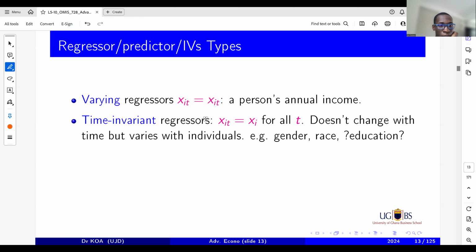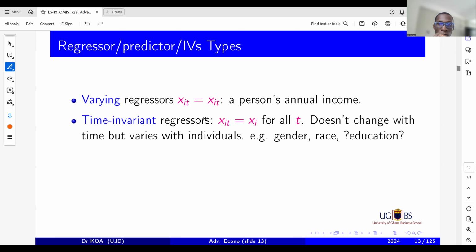A typical example is gender. Well, generally, we are speaking based on where we are. That's why I use the word general, because depending on where you are, it's not the same. But even in a different country, it doesn't change immediately over yearly. We are talking about yearly changes.